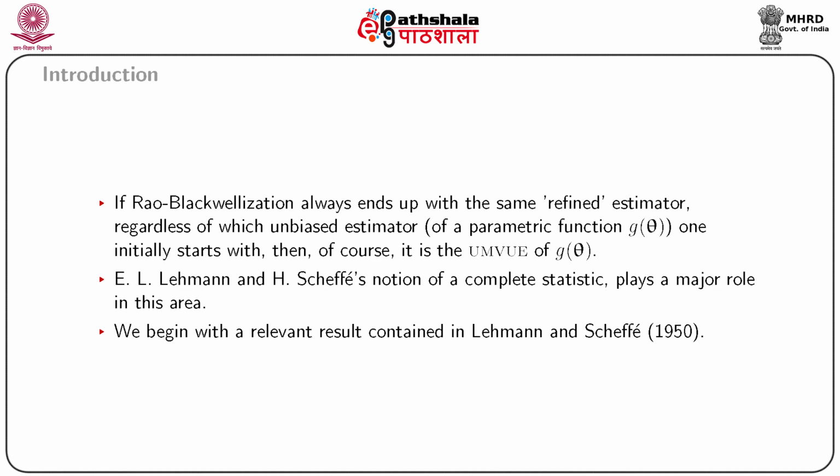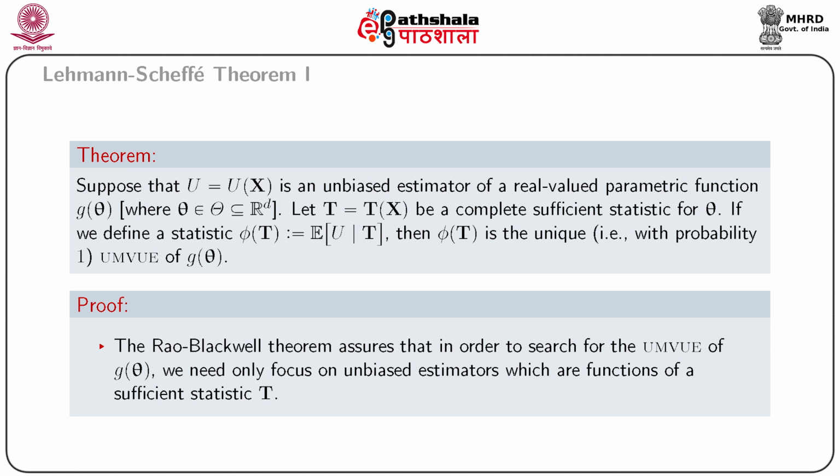In the present module, we discuss a method of determining the UMVUE of a parametric function g(θ) by using a complete sufficient statistic. We first prove the following theorem, which is popularly known as the Lehmann-Scheffé theorem.